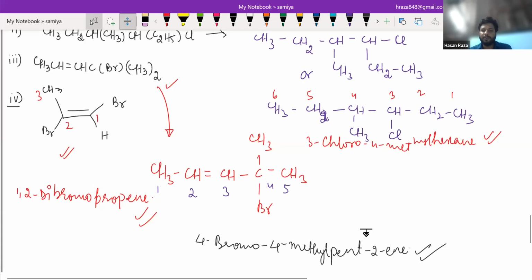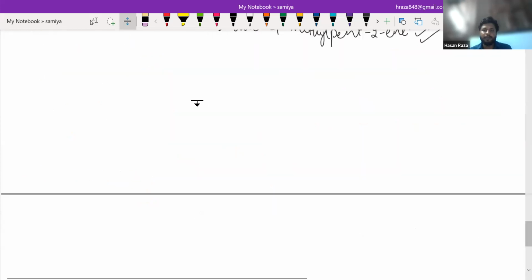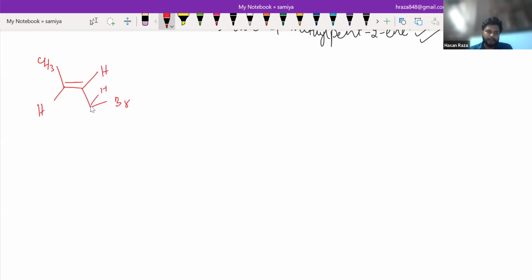Can I change the slide, Darshan? Now I'm going to give you some more questions regarding this double bond and see what you have done. I think I already gave this in the previous class. If it is so, please let me know.